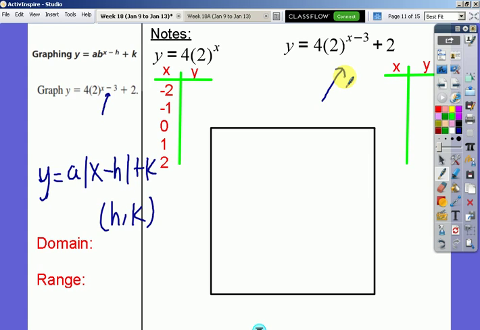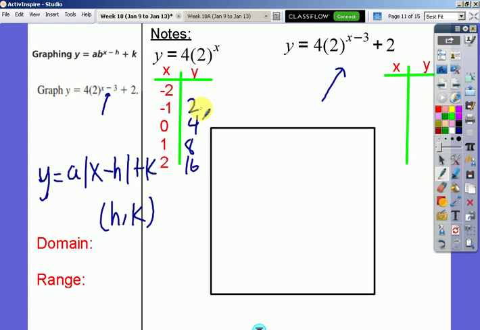So what I mean by that is, forget about the -3, forget about the +2, graph that 4 to the 2x. Well, it's something that we've graphed before, but again, what do we know is our y-intercept right away? 4. Okay, what's going to be the next point? 8. What's going to be the next point? Okay, what's going to be -1?